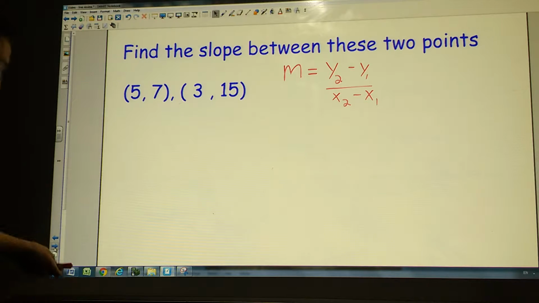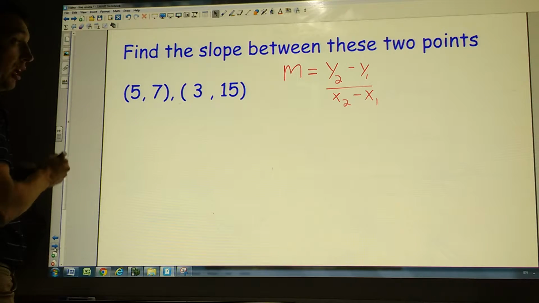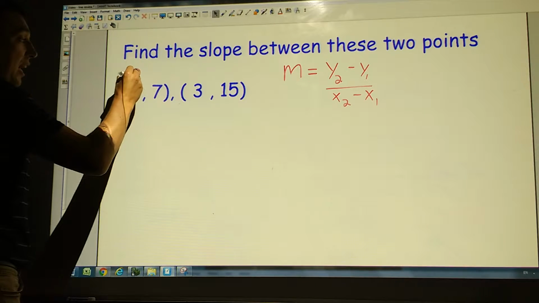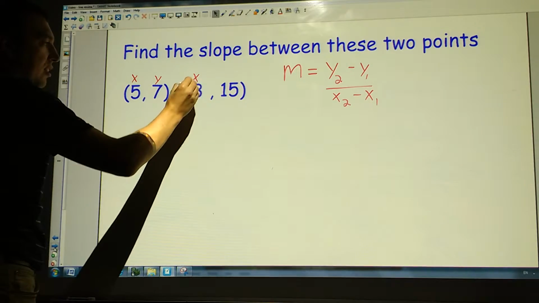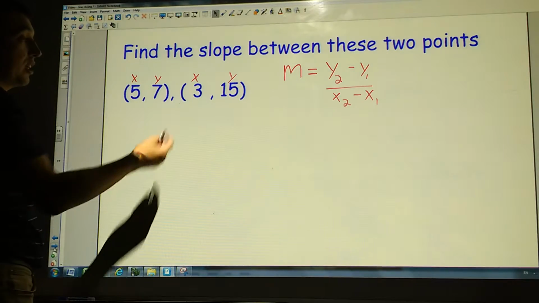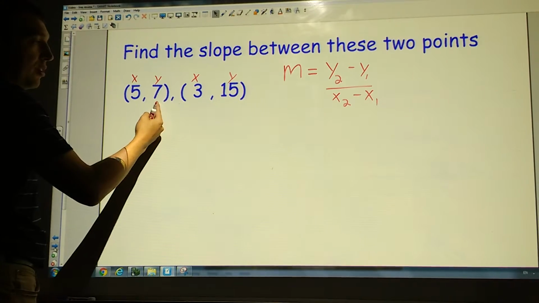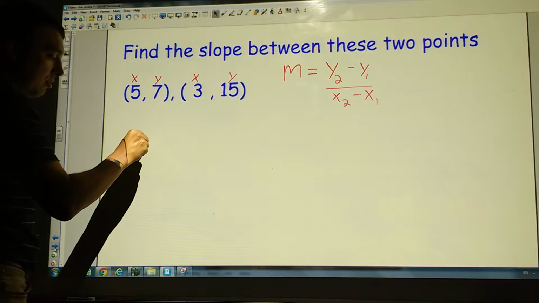So in this case, I know that the first number in an ordered pair is x. So this is x, that is y, this is x, and this is y. So you have a choice. Do you want to take 15 minus 7 or 7 minus 15? I'm going to take 15 minus 7.